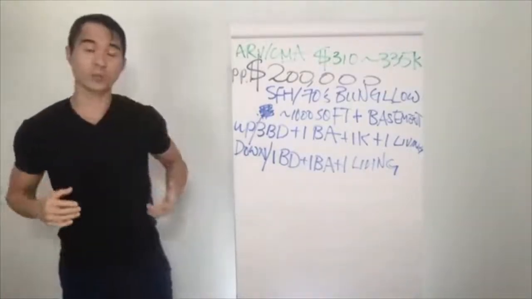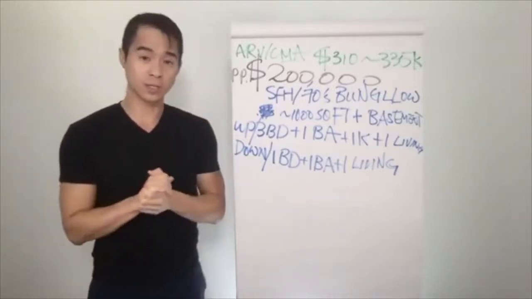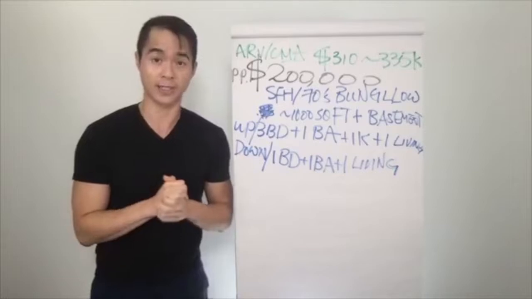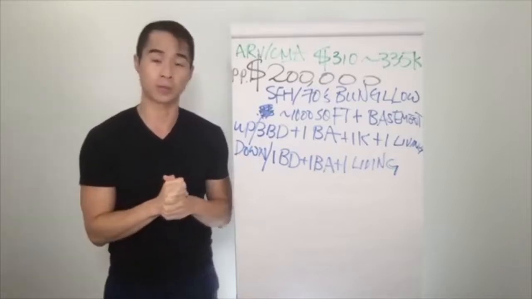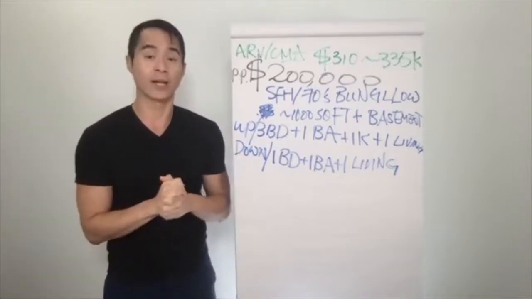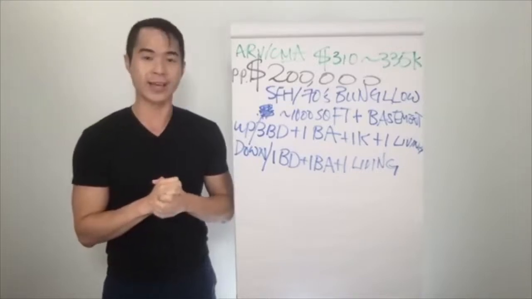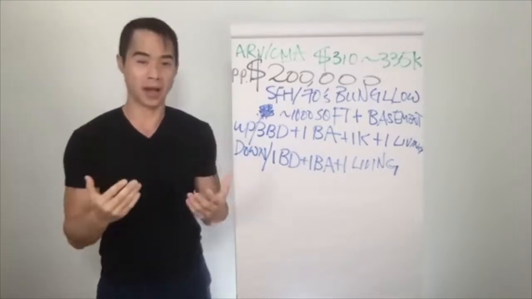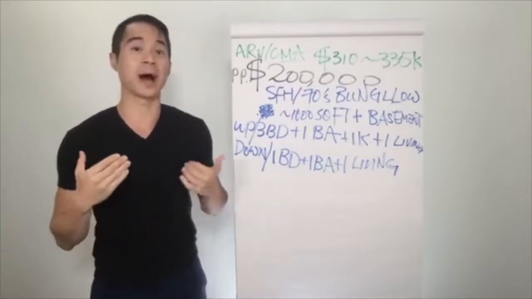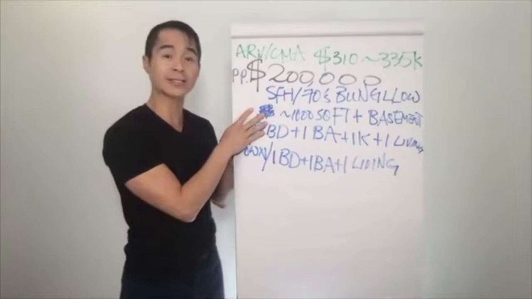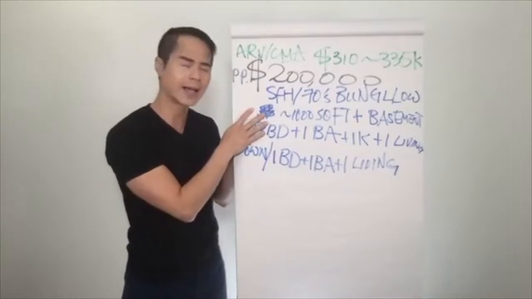Now, the circumstance was this. The previous owner was a very, very elderly gentleman, and he no longer was able to care for the house. However, he has never, ever invested into keeping up with the maintenance or the upgrades needed for this property. So the property itself was highly, highly, highly distressed.